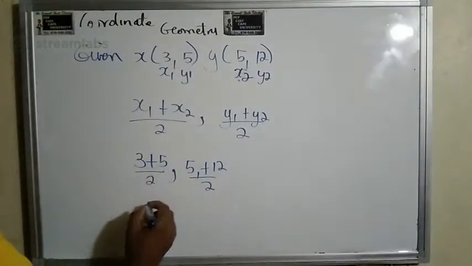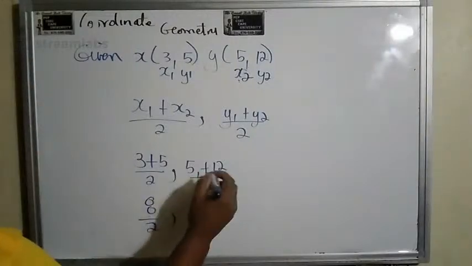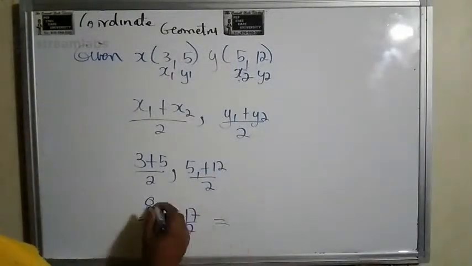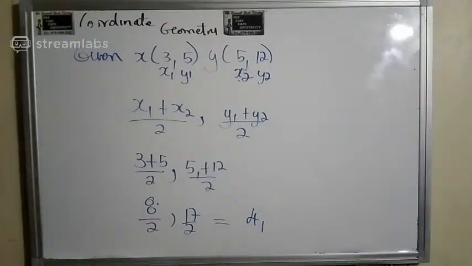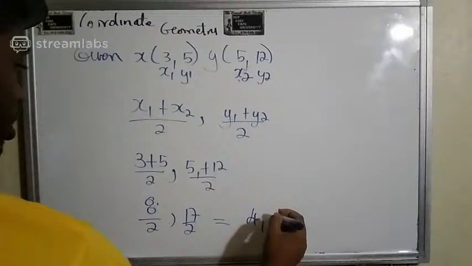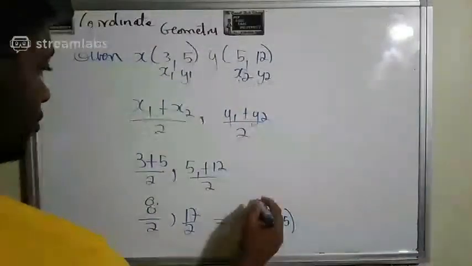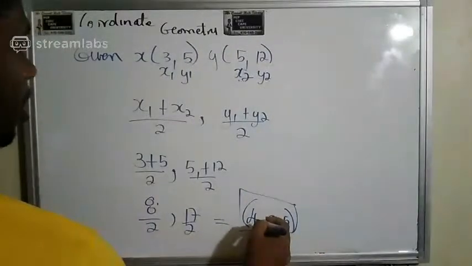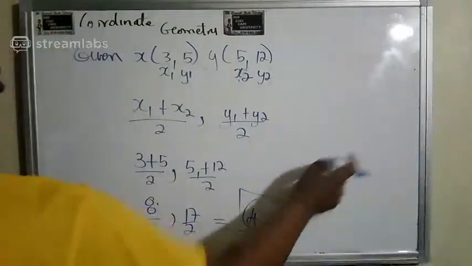So 3 plus 5 is 8 divided by 2, and 5 plus 12 is 17 divided by 2. So 8 divided by 2 is 4, and 17 divided by 2 is 8 and a half, or 8.5. So that will be the coordinate. At this point on the line, at the middle, it splits the line into two equal parts.